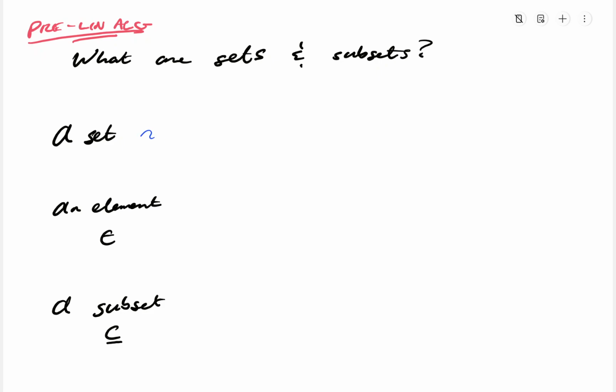So a set is a group of elements. And you may ask from that, what is an element? An element is an object in a set.